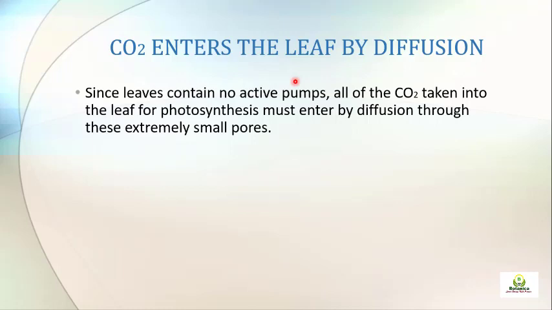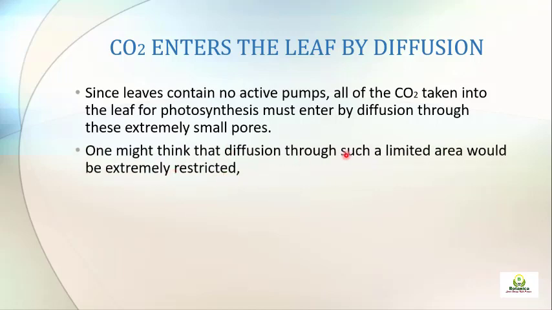Active transport uses proteins and pumps situated in the membranes, which pump molecules against the concentration gradient using energy. The leaf does not contain any pumps, so all of the CO2 taken into the leaf for photosynthesis, for the Calvin cycle, must enter by diffusion through these extremely small pores. As far as the pathway is concerned, it is simply diffusion, not an energy-requiring mechanism.